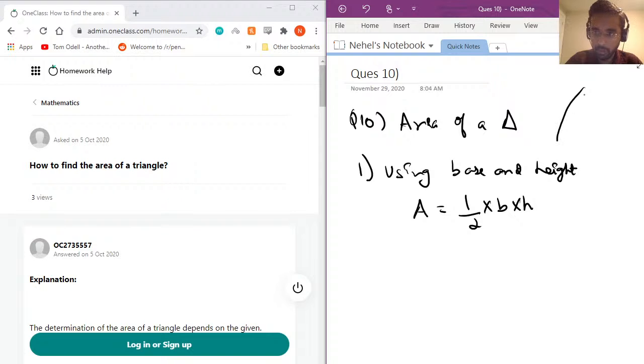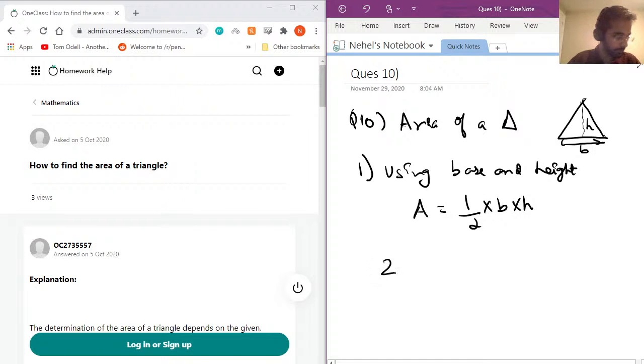So if I'm given a triangle here, this is the height and this is the base. If I multiply half times the base and height, I get the area of the triangle. There are two other ways as well.